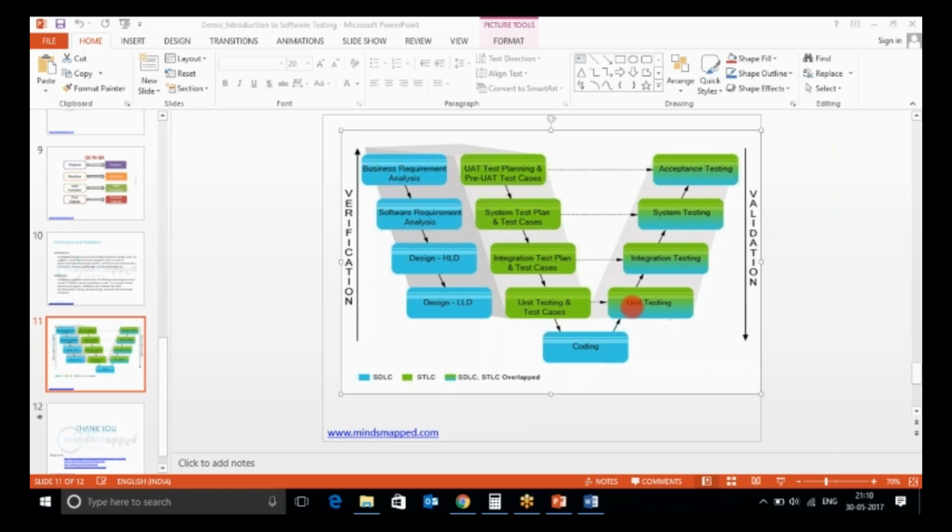Once he is done with unit testing, the ball comes into the tester's court. Then he is responsible for integration testing and then system testing, and finally the business users do the acceptance testing. All these different types of testing will be covered in probably the 5th or 6th session, but I can give you some idea about them right now.